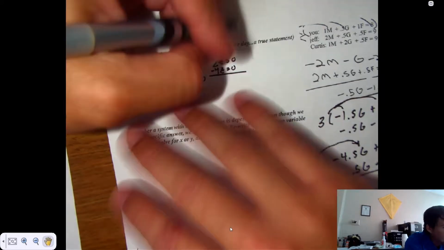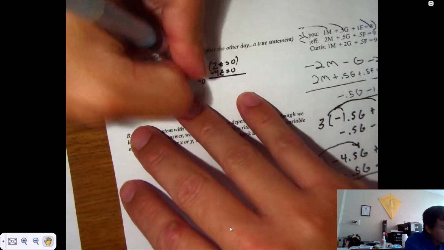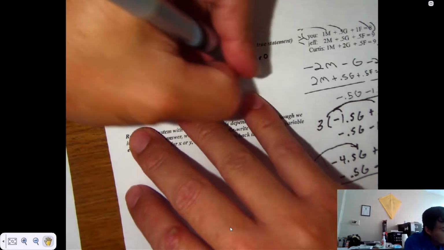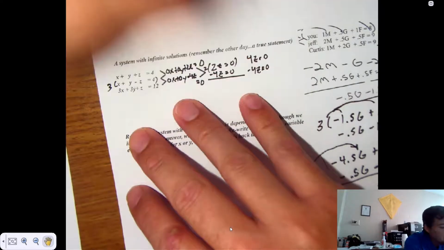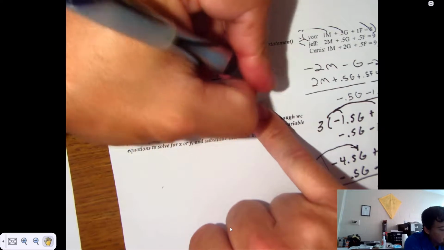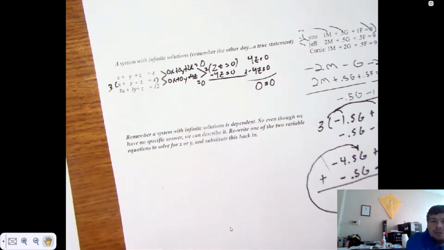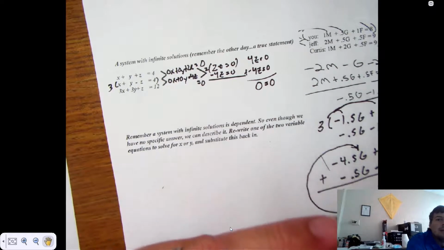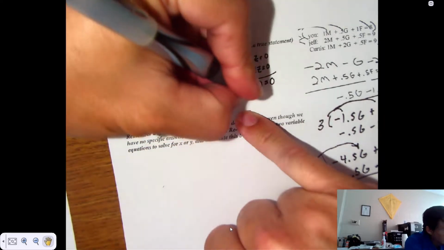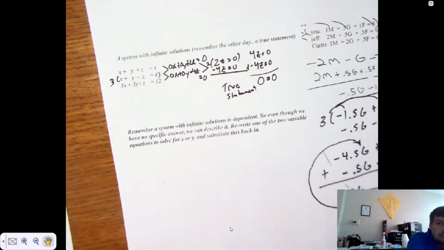I mean, you can. If you double the top, you'd have 4z equals 0 and a negative 4z equals 0. And when you add those together, you get 0 equals 0. That's what you end up with, which is kind of interesting. This is a true statement. It's true.